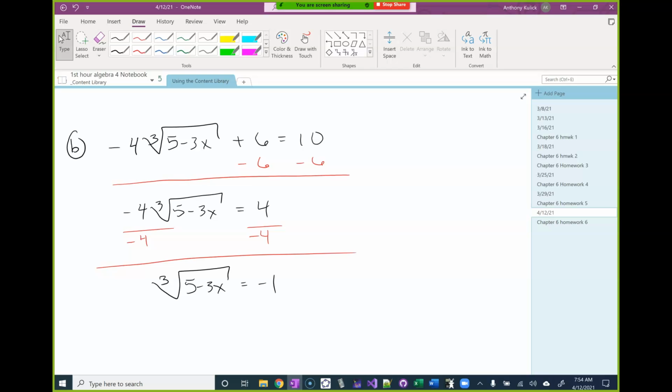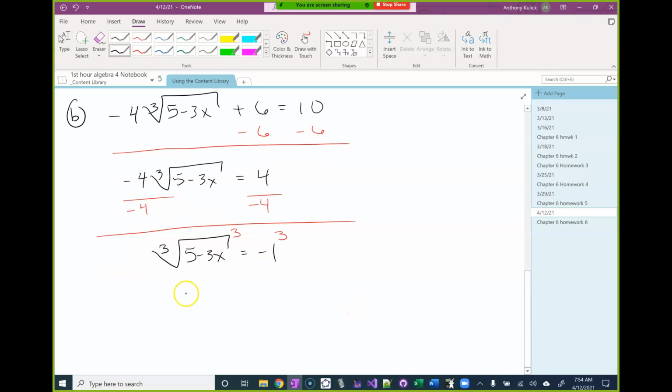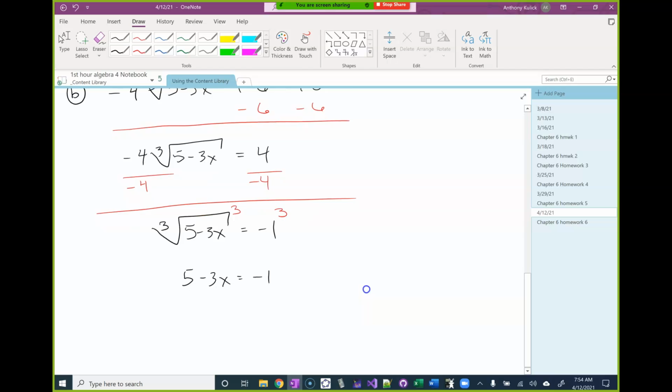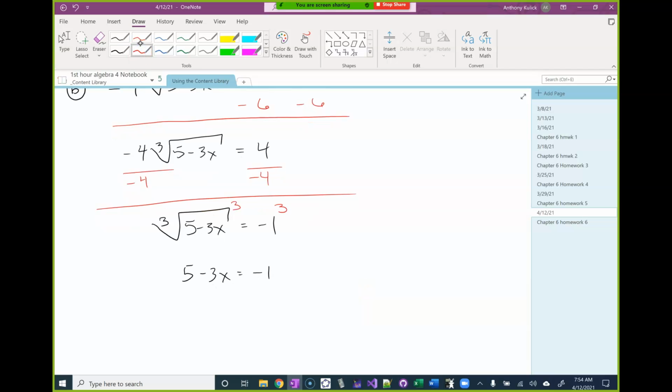And then to cancel the cube root, what do I need to do? I use the exponent 3 on both sides. So negative 1 to the third power is still negative 1, just pointing that out, right? Negative 1 times negative 1 times negative 1 is still negative 1.